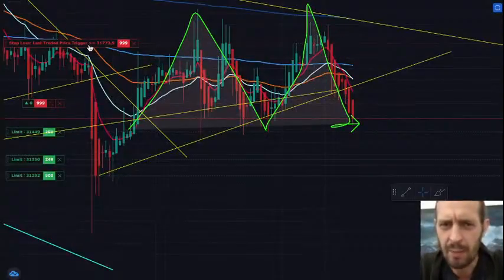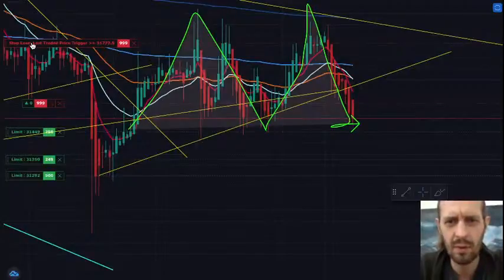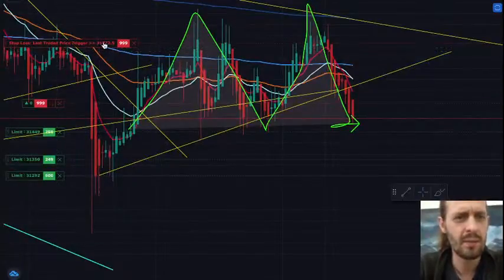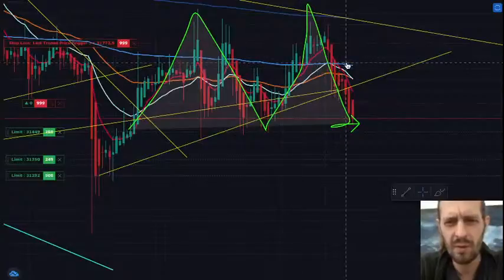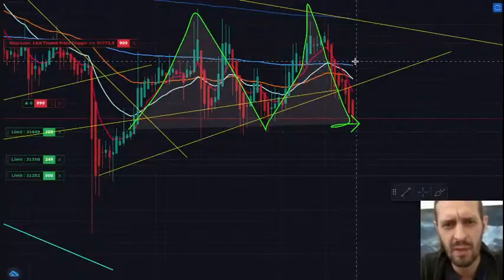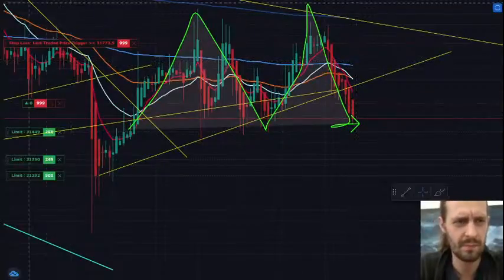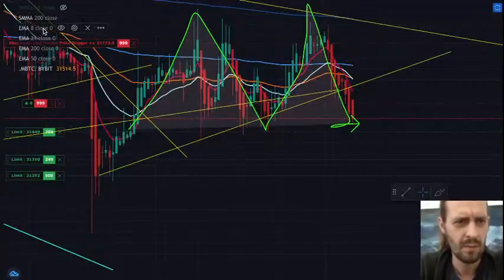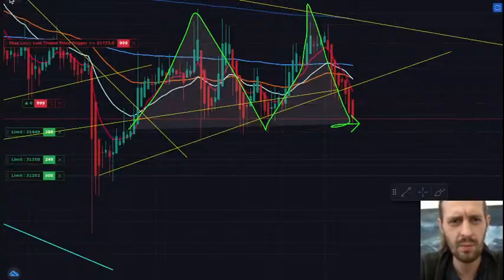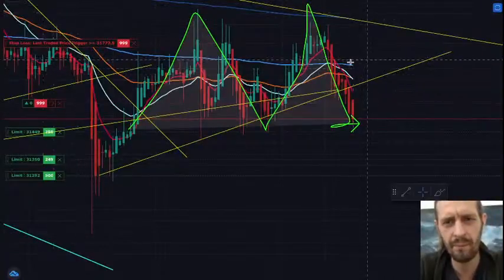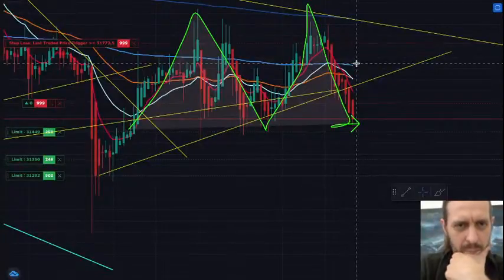And while I'm still on the live stream, I think I'm just gonna lower the stop loss just right above the 200 EMA, because Bitcoin likes to respect it.